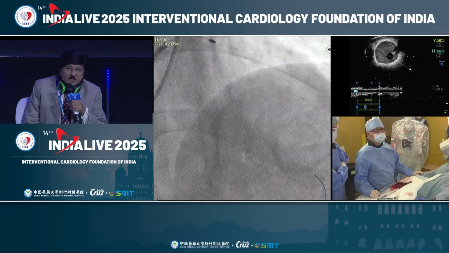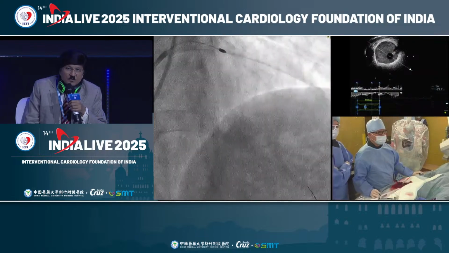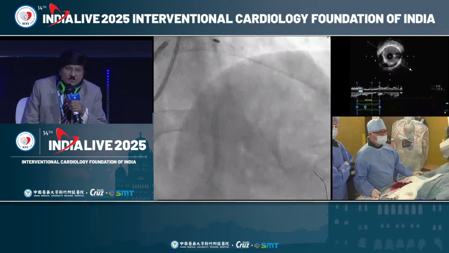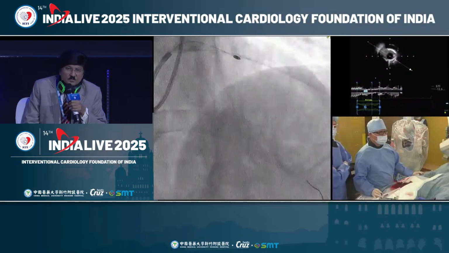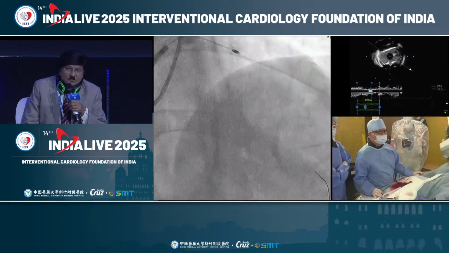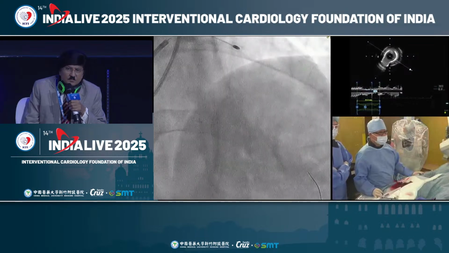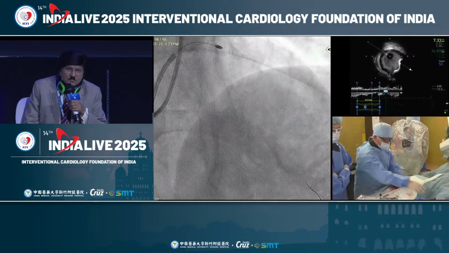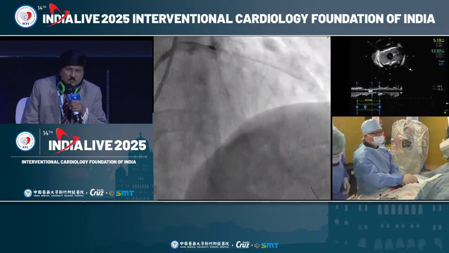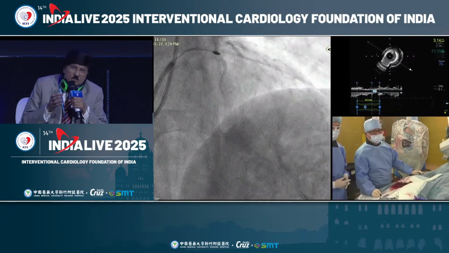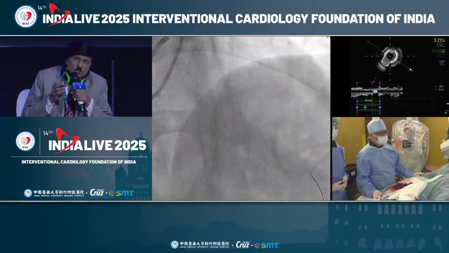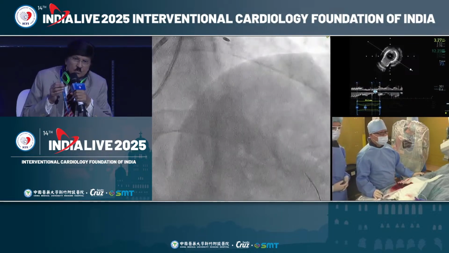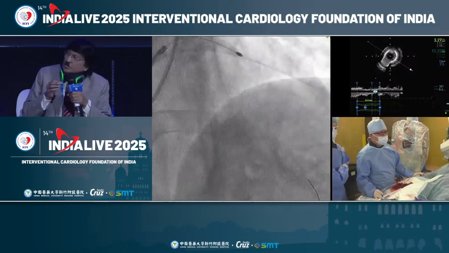Before the procedure, this is the third diagonal branch, where we can see superficial calcium. This is the second diagonal, and we can see almost circumferential calcium.